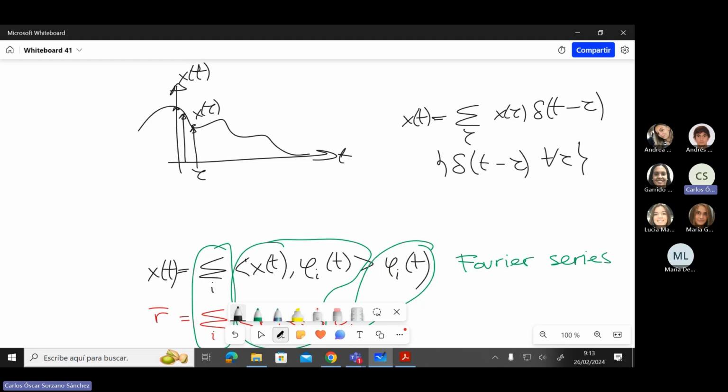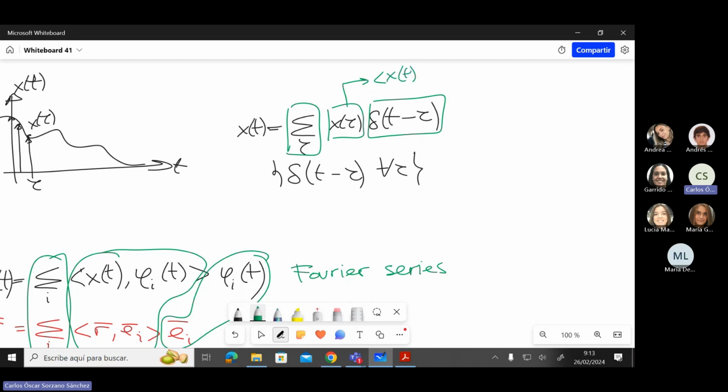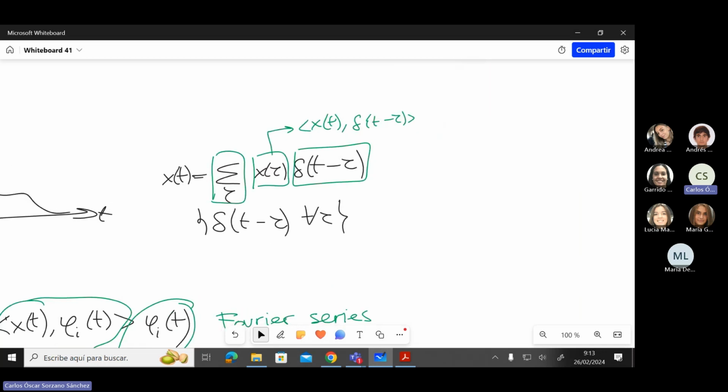Okay, so this is my basis. And then what is this? This is the sum. And this has to be the length. Actually, this one is the inner product between x of t and your basis at that point. Remember, this is just by definition.